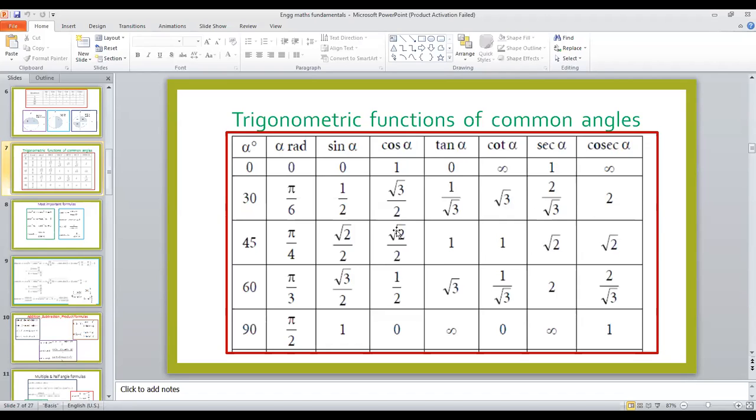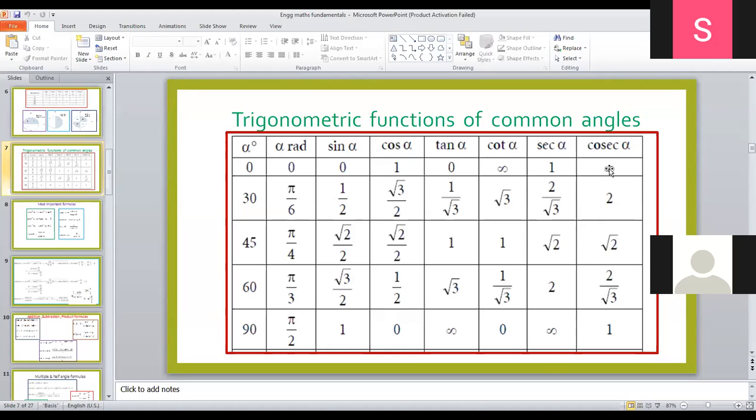Then 1 upon root 2, its reciprocal is root of 2. 1 by 1 by 2 is 2. And 1 by 0 is infinity, since 0 by 1 is 0 but 1 by 0 is not defined. Alright. Now, if you want the values of cosec alpha, write them in reverse order, so the end value is written on the first place.